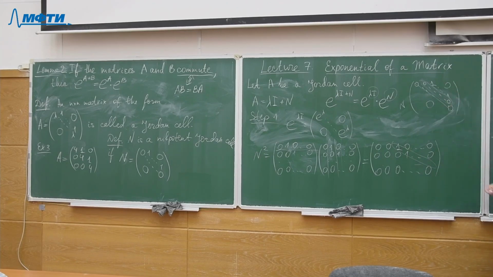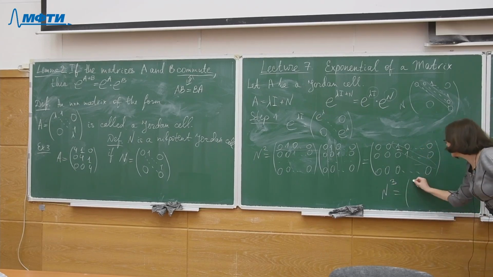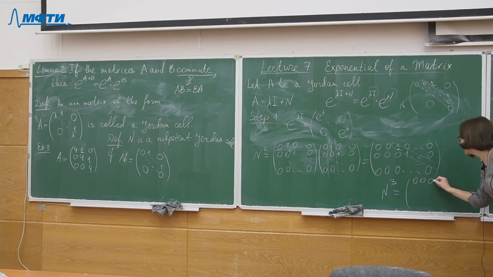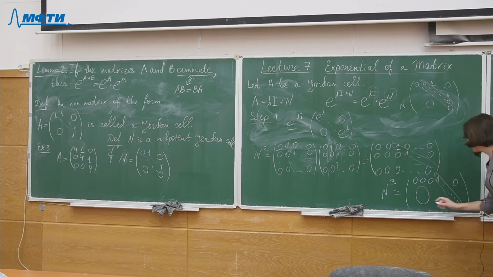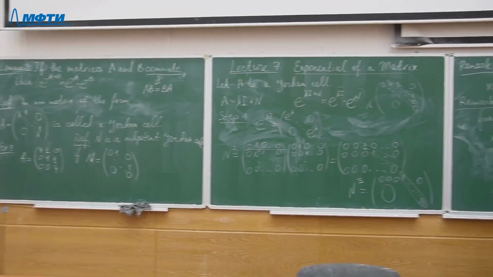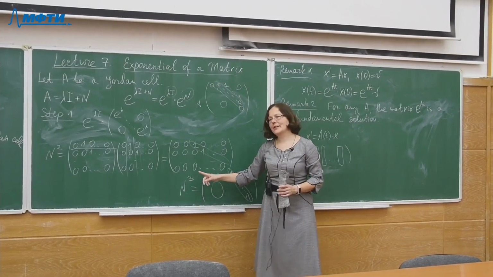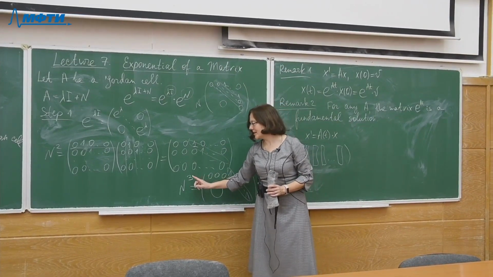And can you guess what is n cubed? Okay, so it will be 0, 0, 0, 1, and the line of zeros. Well, and now you can see, and what about n to the power small n?